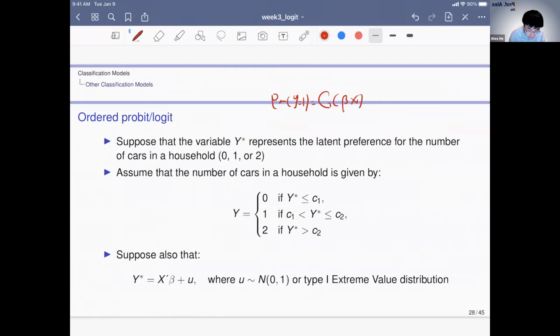And G can be a CDF of some distribution. So this is just the probability that the random variable is below beta x. It's like drawing this normal or whatever distribution, taking beta x, and calculating the probability under that value. And here, instead of doing just one single cutoff, we're doing multiple cutoffs. Okay, so again, taking any distribution.